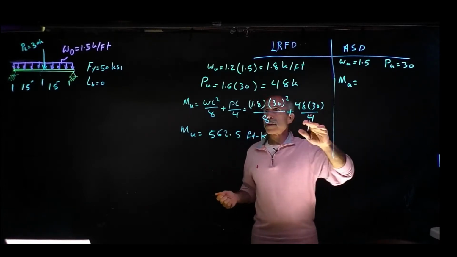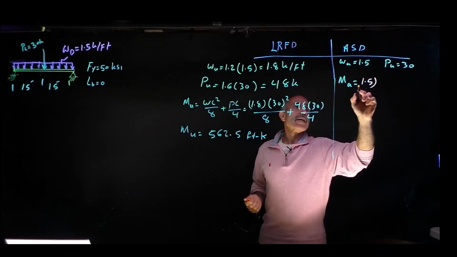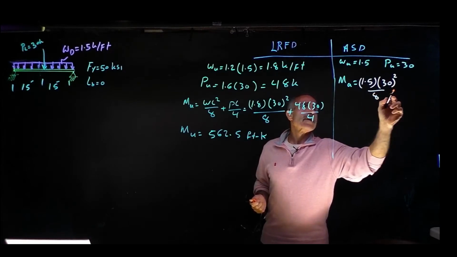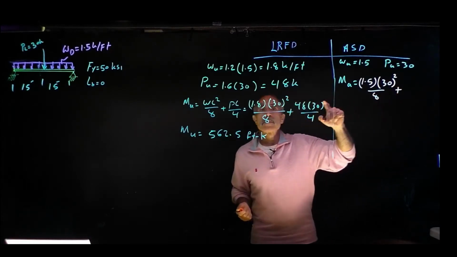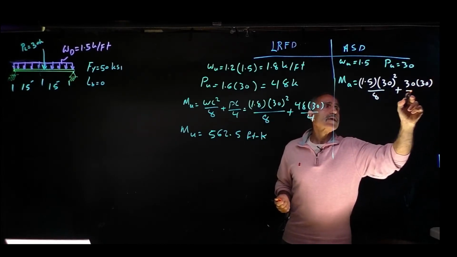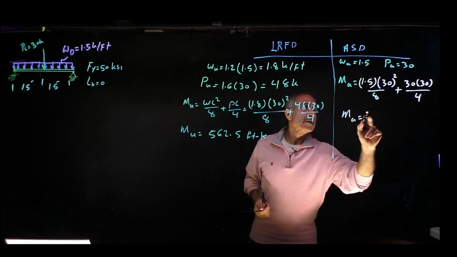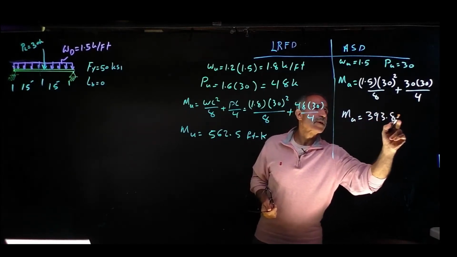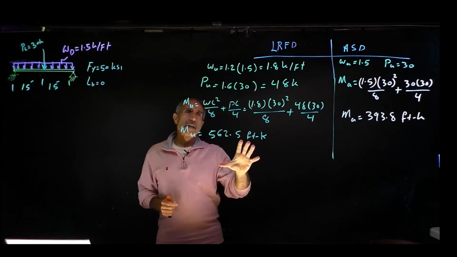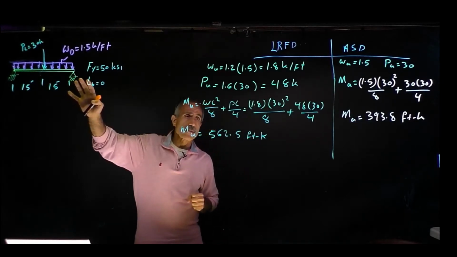The moment is going to be the same thing: wL squared, so w is 1.5 and L is 30 squared, divided by 8, plus PL divided by 4, where P is 30 times 30 for L, divided by 4. So my Ma comes out to 393.8 foot-kip. So what we have here is the moment based on the applied load.